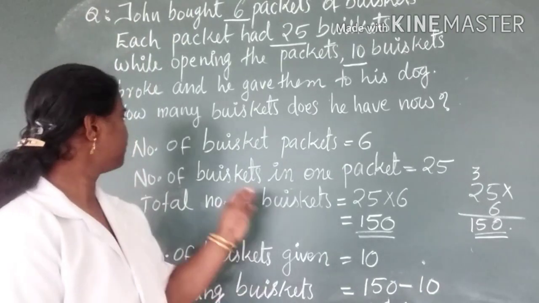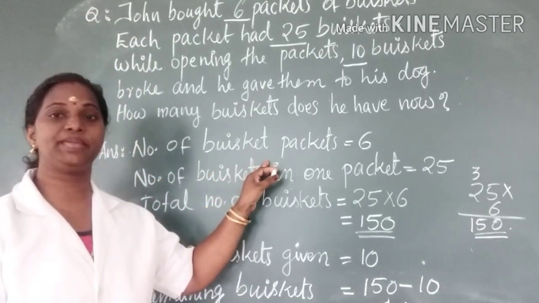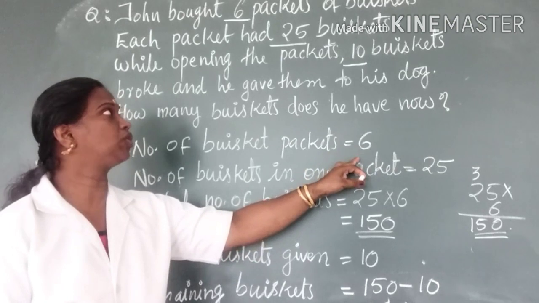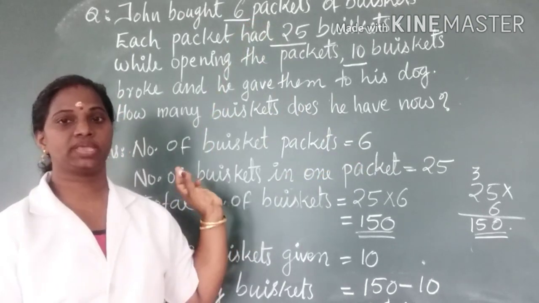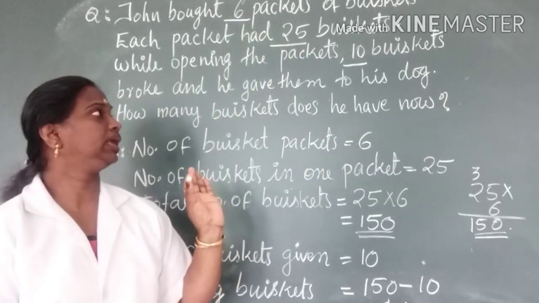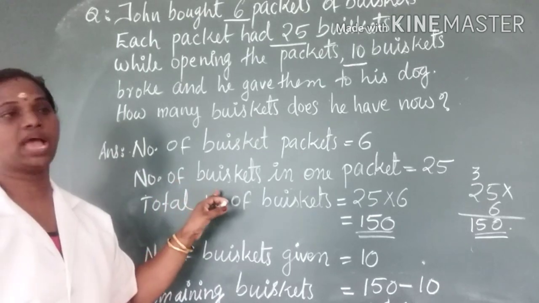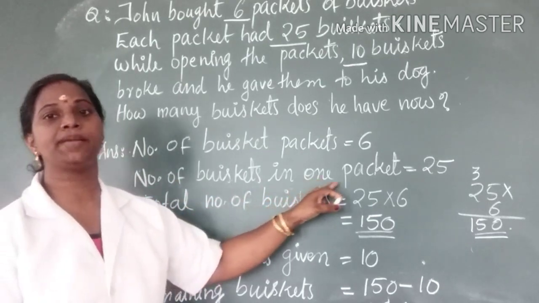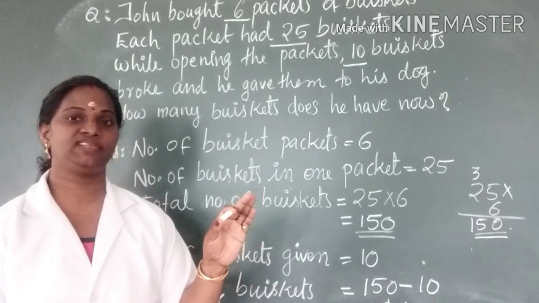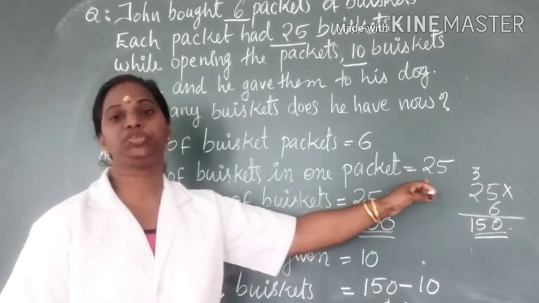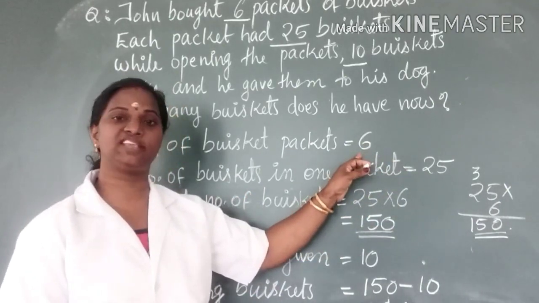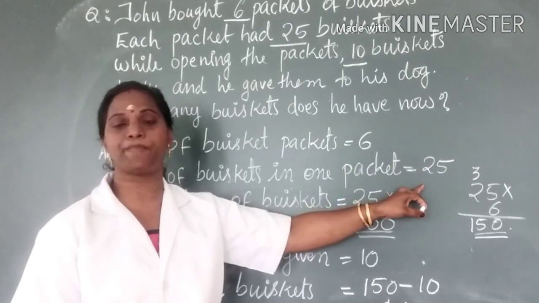The first statement, number of biscuit packets, is equal to 6. Then the second statement, number of biscuits in one packet, is equal to 25. So total 6 packets, 25 biscuits in one packet.